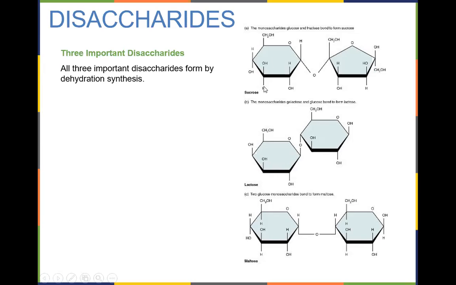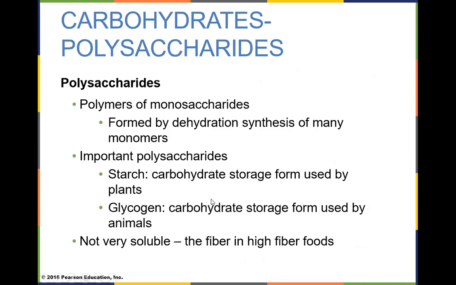So, the 3 sugars that we enjoy as a disaccharide, sucrose or lactose or maltose, are all some variation of those monosaccharides linked together. And the last point here, the polysaccharides are long chains of monosaccharides, usually glucose.